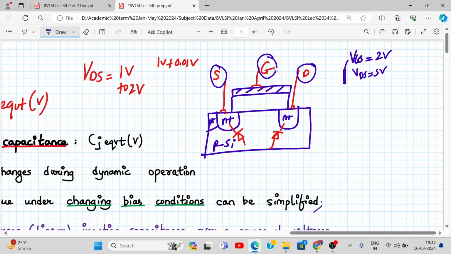Are you understanding? Because VGS is VG minus VS, VDS is VD minus VS. VS voltage is 0, VG voltage is 2 volt, VD voltage is 5. So source terminal is normally containing almost a static voltage. At the drain end of the terminal, the voltage is changing much. That is, the switching is happening at the drain. The source is fairly quiet.